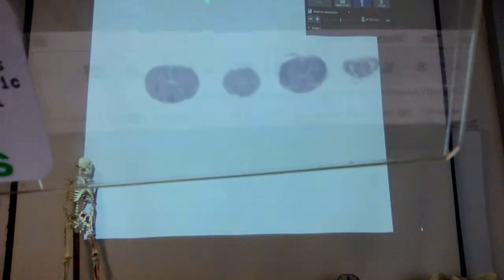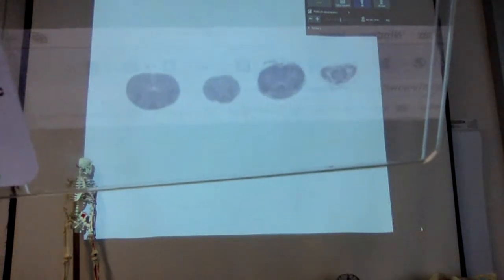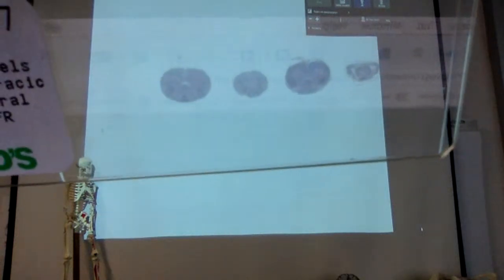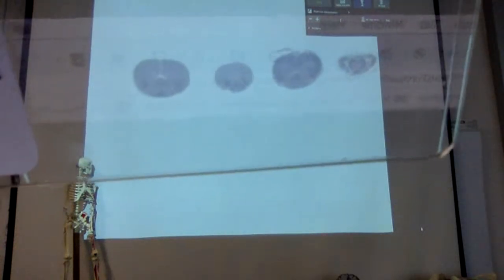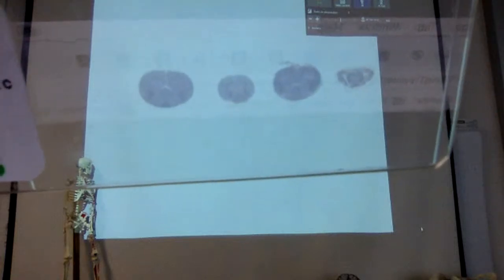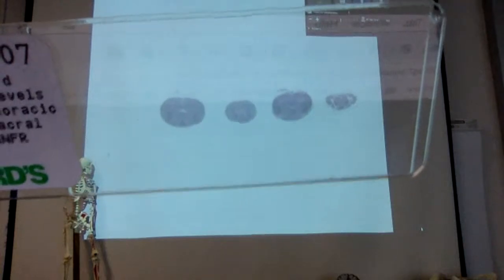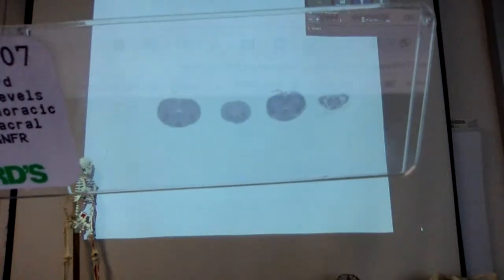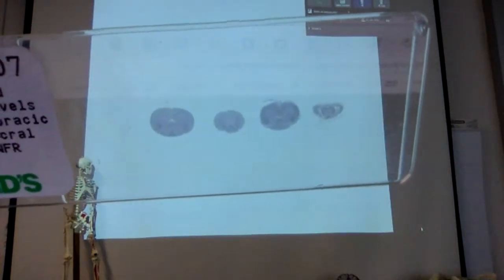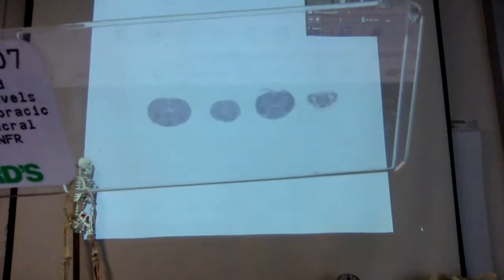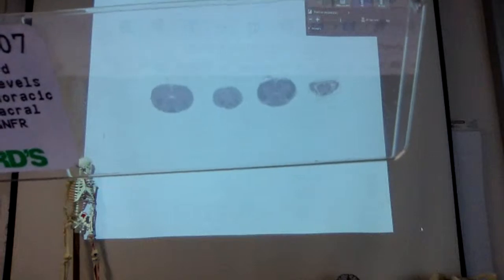More room for spinal nerves that go to and from where? You're on the right track. More room for spinal nerves that go to and from where? Anybody?